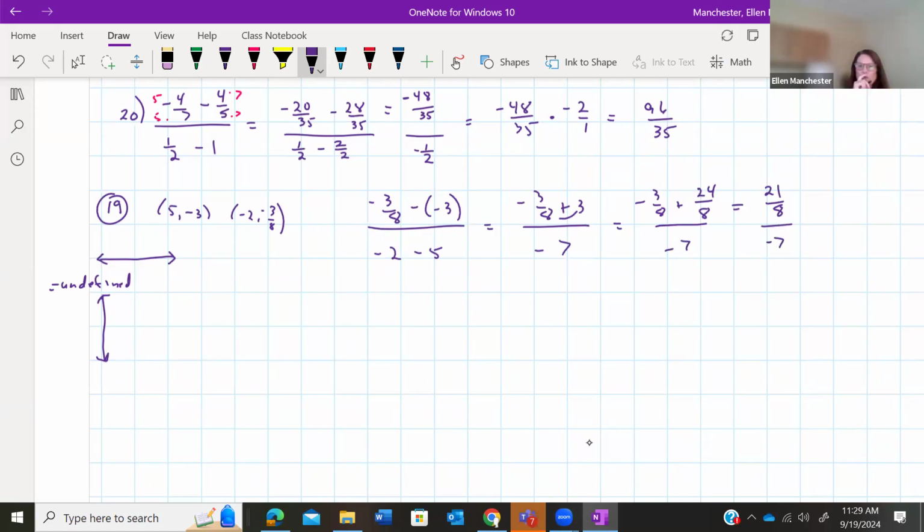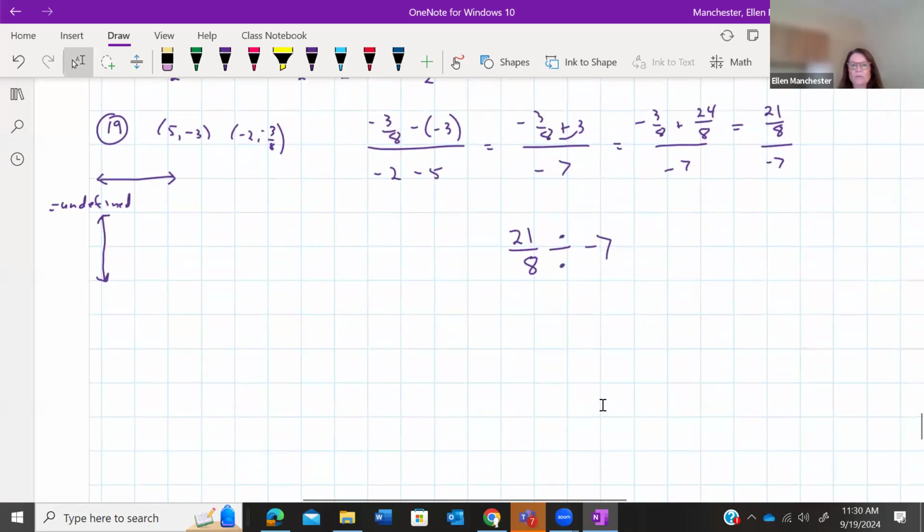All right, so we have 21/8 divided by -7. So how are we gonna do that? That's what it looks like. That's what that division sign, that's what that fraction sign is. So what are we gonna do? Keep, change, flip. I always forget that saying.